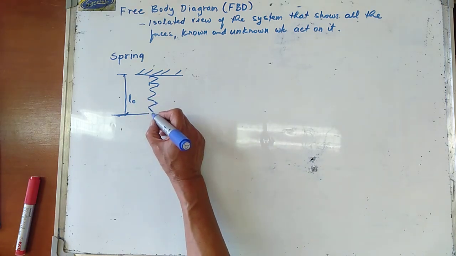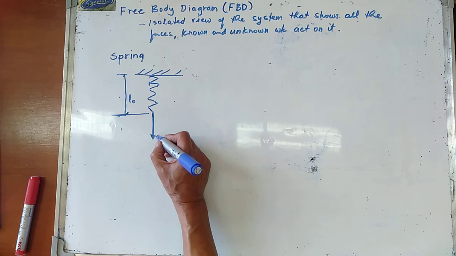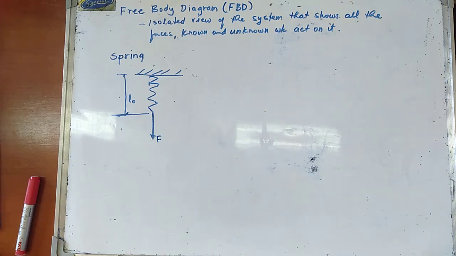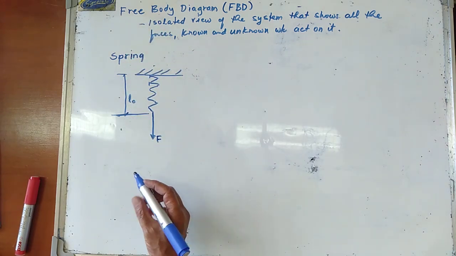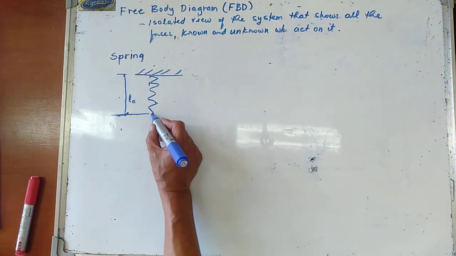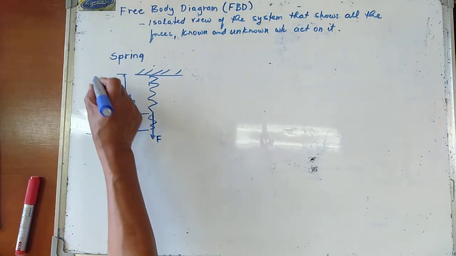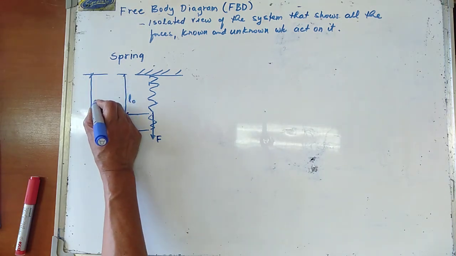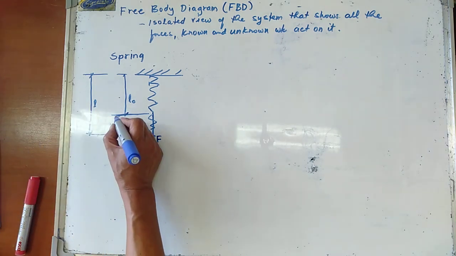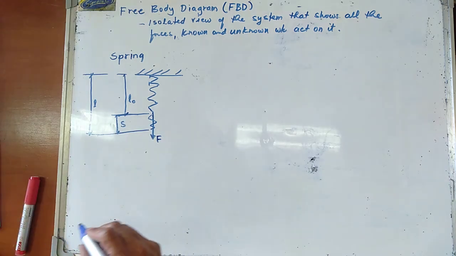Now, if a load or a force F is applied, the spring will elongate or undergo certain deformation. Let us consider that this is now the length after the application of the force, such that this is your spring deformation.